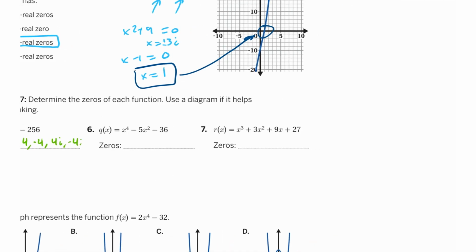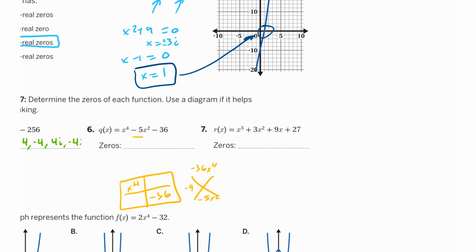The second one here, number 6, I'm going to go ahead and use my box here. x to the power 4, negative 36, and then the middle term, negative 5x squared, needs to multiply to negative 36 x to the power of 4, which would be not 12 and 3, but 9 and 4.